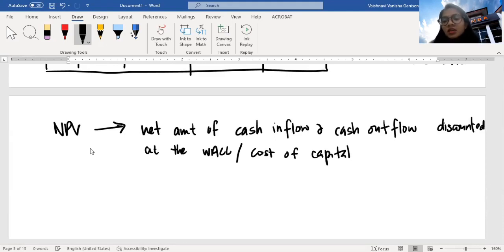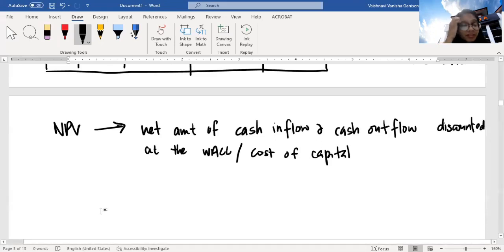Okay, so I want you to be very clear that when you are calculating the net present value, it is actually the net amount, your net cash flow, you discount it and bring it back to present value or current terms. All right, so a very simple one.